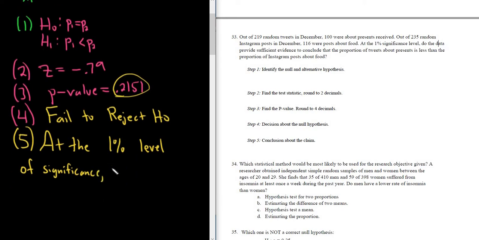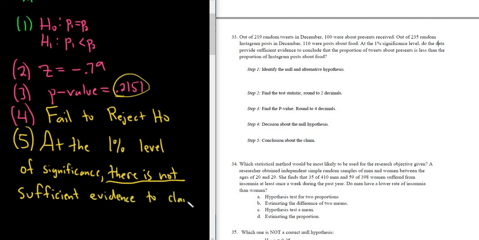Then we have to decide if there is or there is not sufficient evidence. Whenever we reject there is, fail to reject there is not. So there is not, because we failed to reject. It's really important. Reject, there is. Fail to reject, there is not. Then you just say sufficient evidence to claim that.